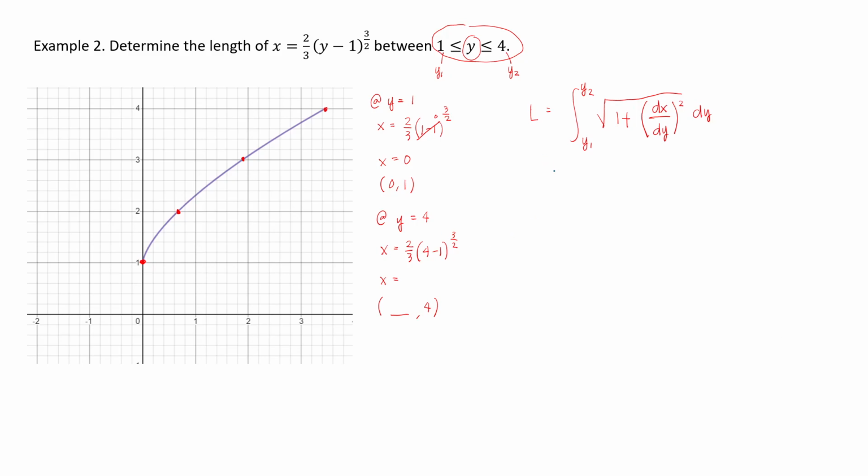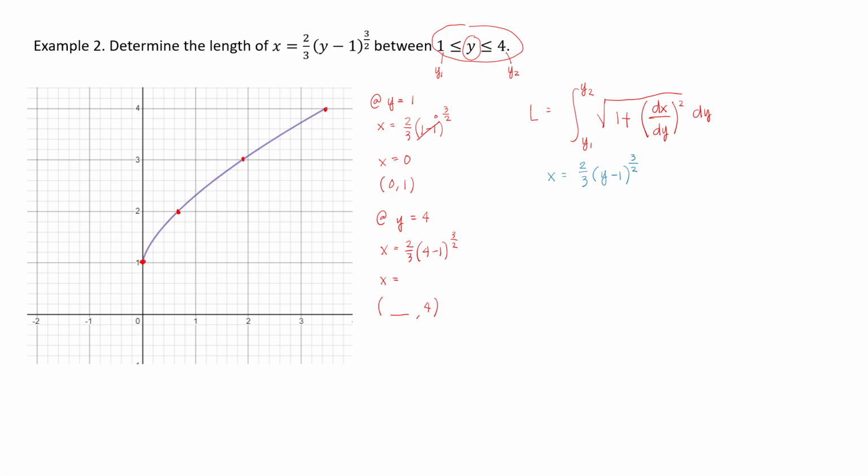Again, we are looking for dx over dy. So put in the formula first, x equals 2/3 and then (y minus 1) to the power of 3 halves. Okay?